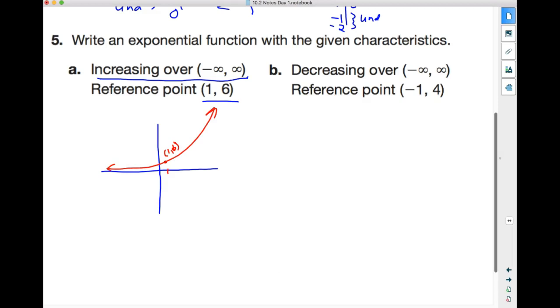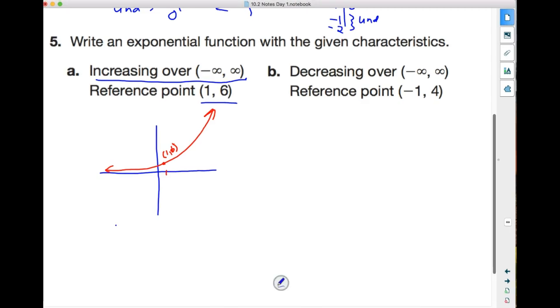So when we're writing our equation, just think f of x equals a times b raised to the power of x. If I let a equal 1 here, because they only gave me 1 point, I'm going to let a equal 1, so now I'm just thinking f of x equals b to the x, and that's fine.